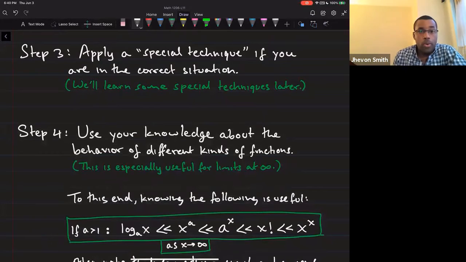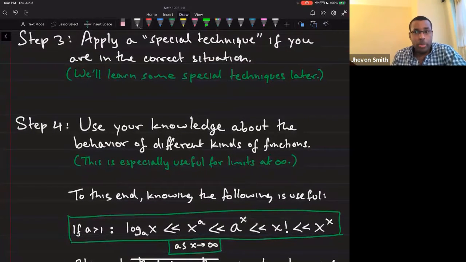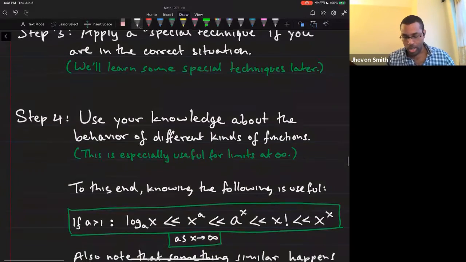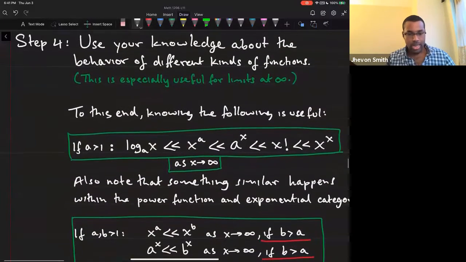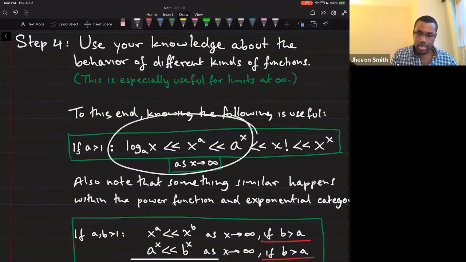Okay, step 4 is to use your knowledge about how different functions behave in relation to each other. This is especially useful when you're taking limits at infinity. So if your input is going to infinity, this is super helpful. I told you last time and the time before that, I think, that exponentials grow faster than polynomials, which grow faster than logarithms, when your base is larger than 1.